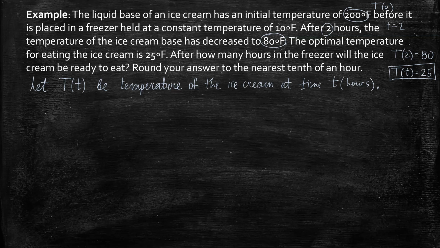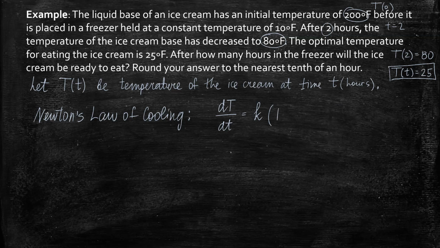However, it is not given to us, but we can set up some sort of equation and solve for T. And the law or the principle that we're going to use here is called Newton's law of cooling, that says that the rate of change of the temperature, so how fast the temperature changes, is proportional to the difference between the temperature and the surrounding temperature.